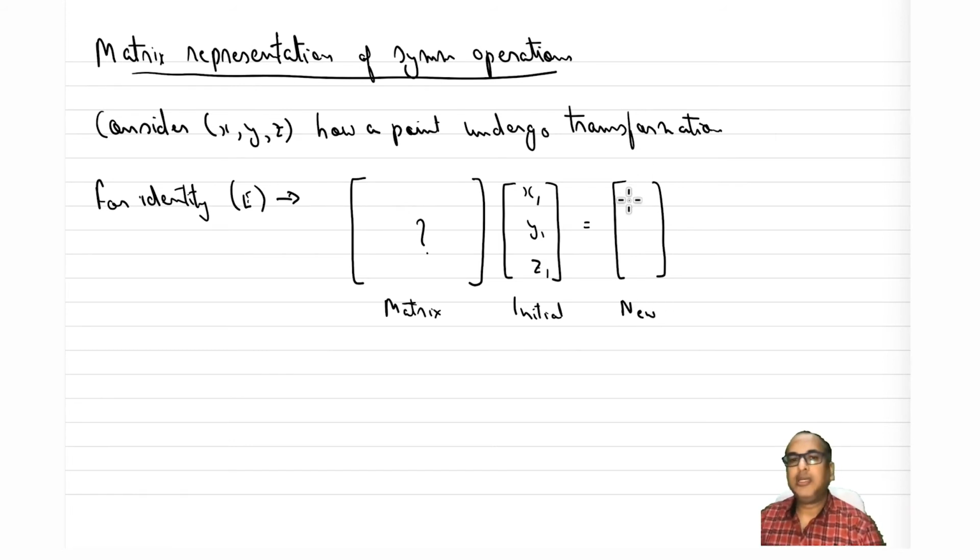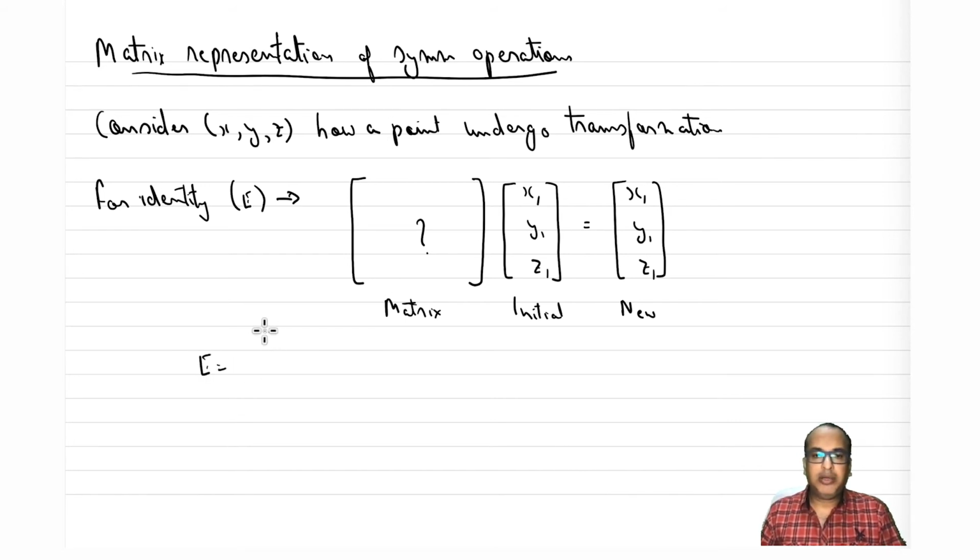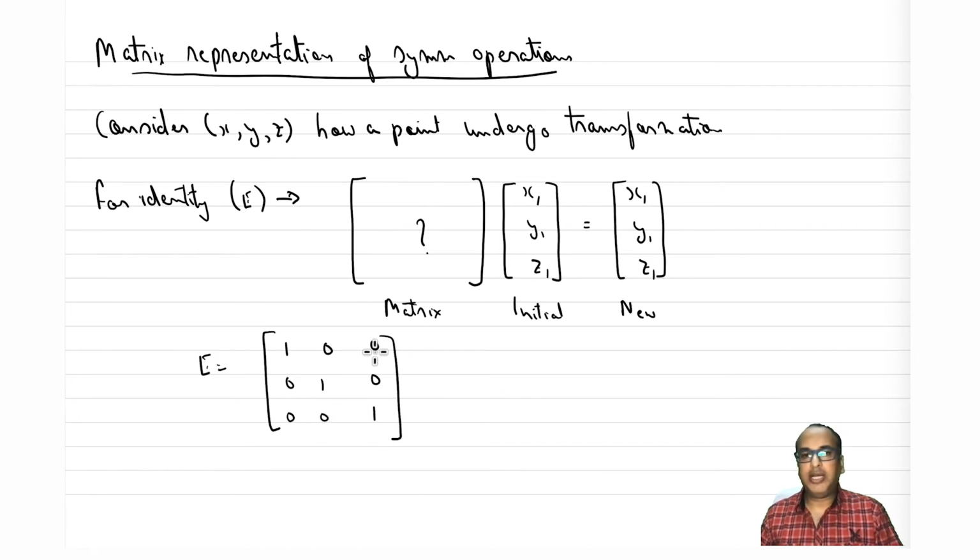Now the new location in case of identity will not be different, right? It will be the same as x1, y1, z1 because the identity operation does not change anything in the molecule or to the point. So that means E should be a unit matrix of order 3 cross 3, right? So that is very easy to see.